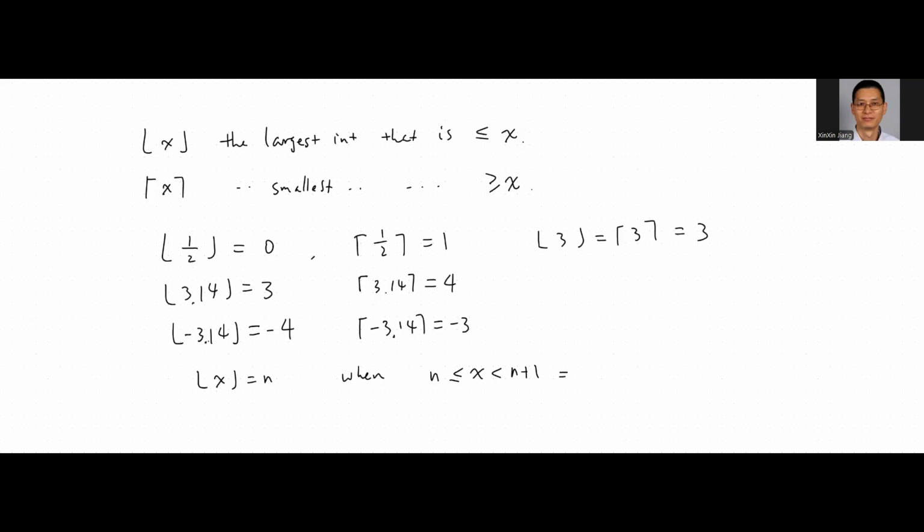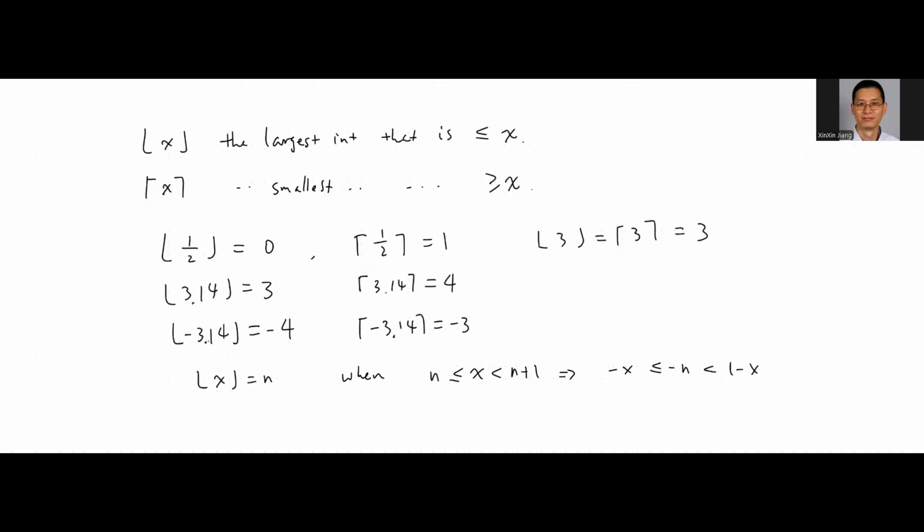So let's subtract n on three sides, subtract x on three sides. You have negative x less than or equal to negative n, strictly less than 1 minus x. You subtract x, then you subtract n.